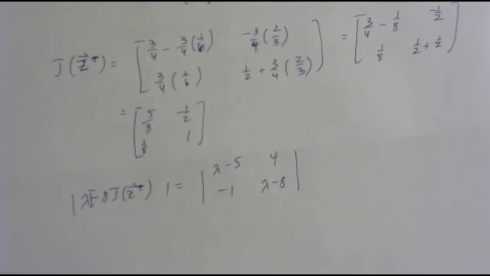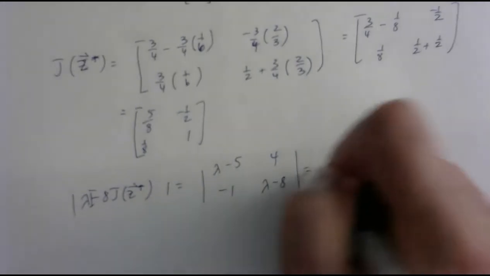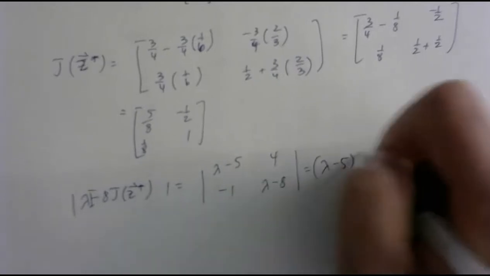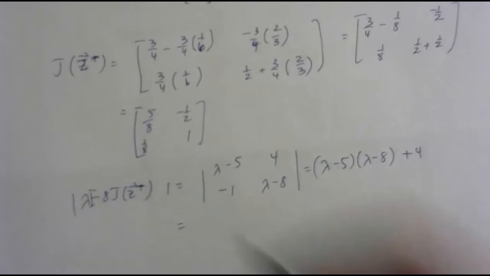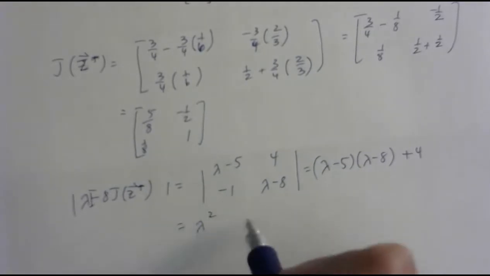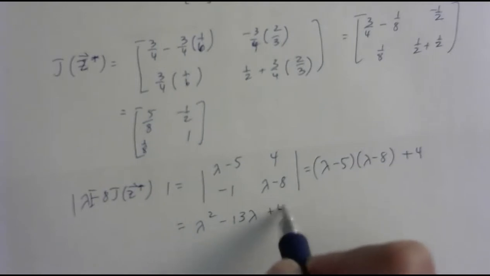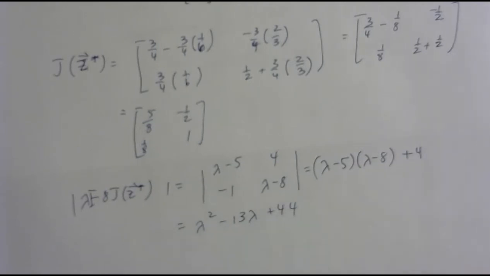Is that right? Yeah, that looks fine. So I have lambda minus 5, lambda minus 8, minus 4, so plus 4: lambda squared minus 13 lambda plus 44. Is that right?